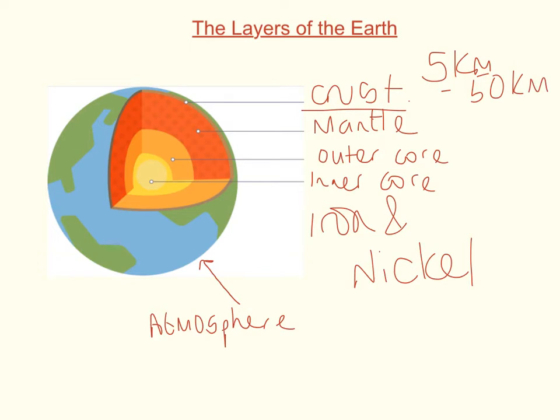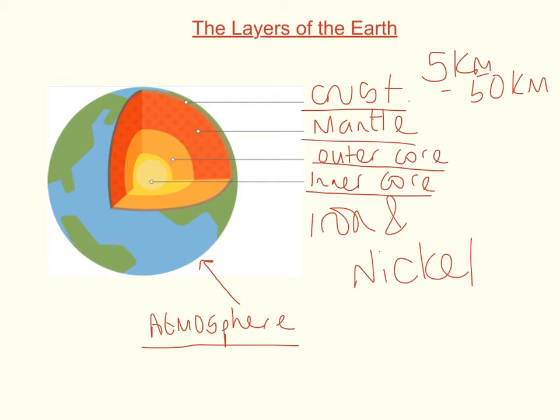As you know, the crust is surrounded by the atmosphere. At the centre of our Earth is our core, which is made up of two components, the inner core and the outer core, which combine to make the thickest layer of the Earth. Surrounding our core is our mantle.